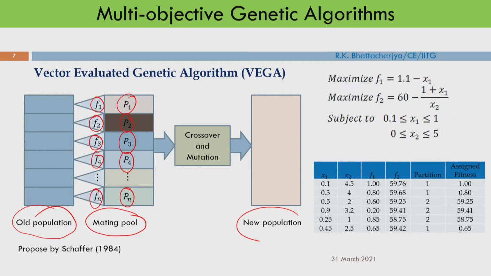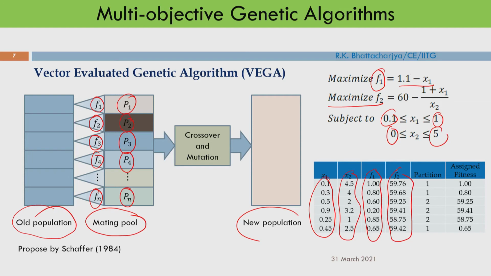I have shown the example problem here, that is maximize F1, which is 1.1 minus x1, and similarly maximize F2, where x1 is between 0.1 and 1 and x2 is between 0 and 5. I have taken some sample solutions, suppose these are randomly generated, these are x1 and similarly these are x2. This is your objective function 1, that is f1, and I am also calculating f2.